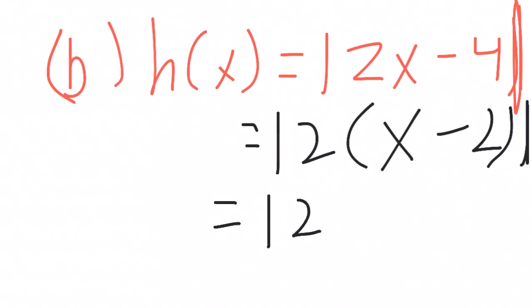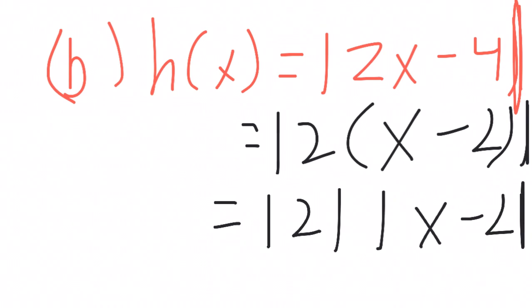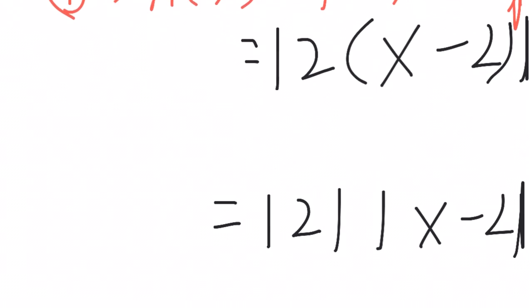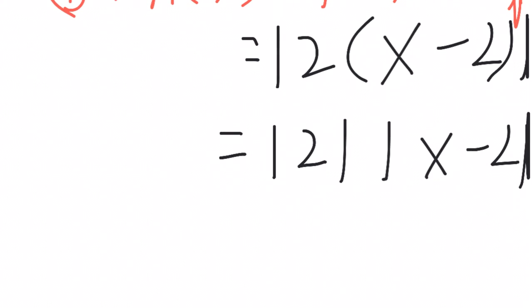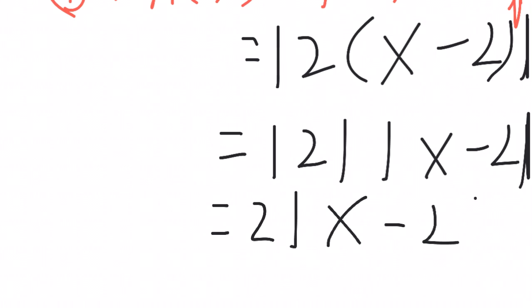So absolute value of 2 times absolute value of x minus 2. The absolute value of 2 is just 2, so it's equal to 2 times the absolute value of x minus 2. So now it looks like the other examples we've done where there's no number in front of the x.